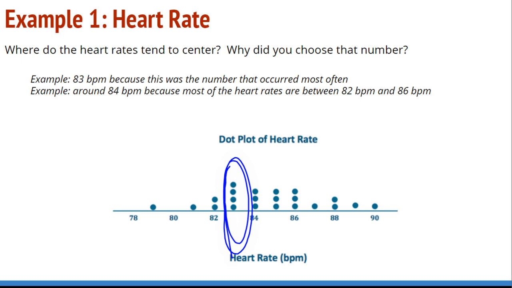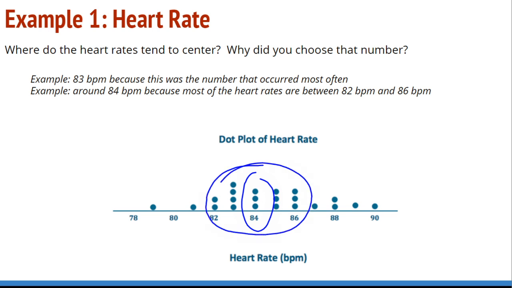As we get a little bit farther in the module, I could say the center is somewhere kind of around 84 because most everything is kind of right here. So maybe 84, 85. This kind of looks like the very middle here. So there are a few different ways that I can look at and describe the center of the data.